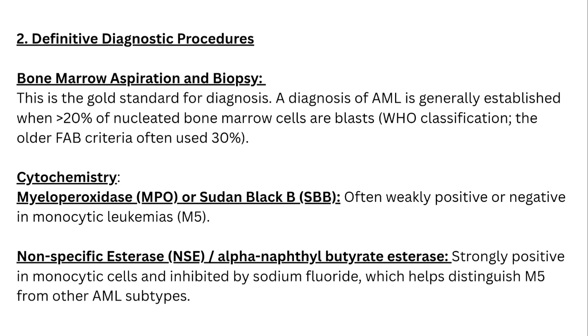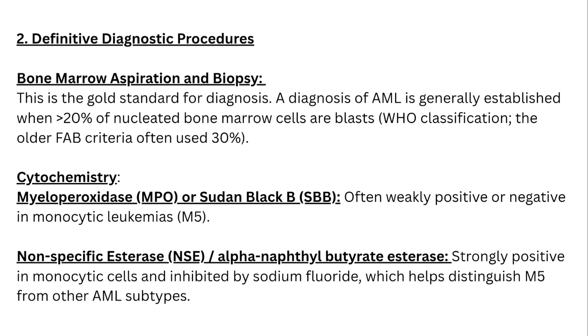Now, moving on to cytochemistry, this involves the use of specific stains to identify cell types. In cases of monocytic leukemias like M5, stains such as myeloperoxidase (MPO) or Sudan black B may show weakly positive or even negative results. However, the non-specific esterase test, which uses alpha-naphthyl butyrate esterase, is strongly positive in monocytic cells.